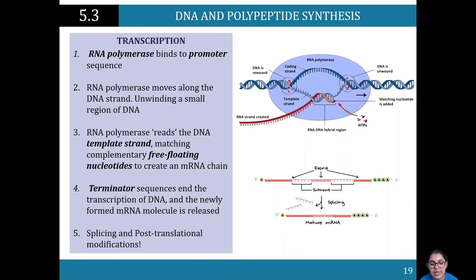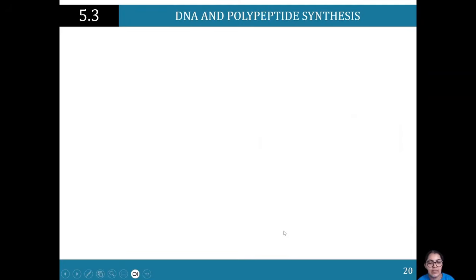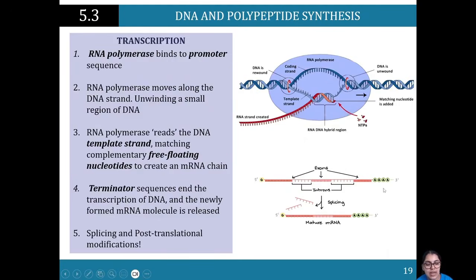So once we have our strand here, we realize, for example, we may not need some of these introns, some of these things that don't actually code for protein. So we can splice them out, cut them out, and that way we only have the RNA that we need, because it's in RNA form. It's mRNA, so it's a mature mRNA. Mature mRNA is when it has gone through its post-translational modifications.